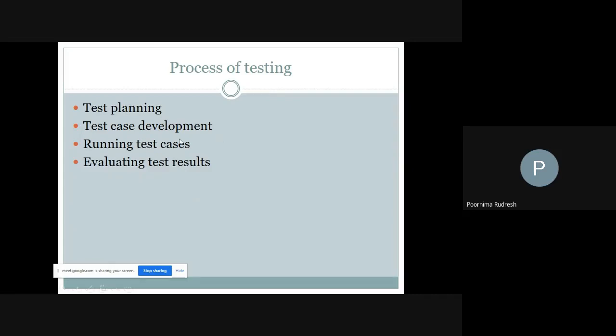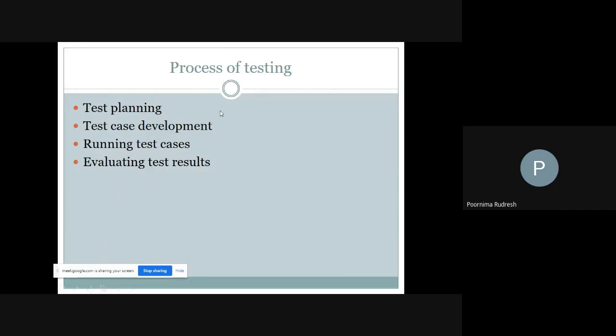First, we need to plan the test. Then, according to the planning, we have to develop the different test cases. Once the different test cases are defined and developed, we use those test cases for testing the system. And once the system is tested, we get the results, and those results are evaluated. So these are the four phases of the testing process.